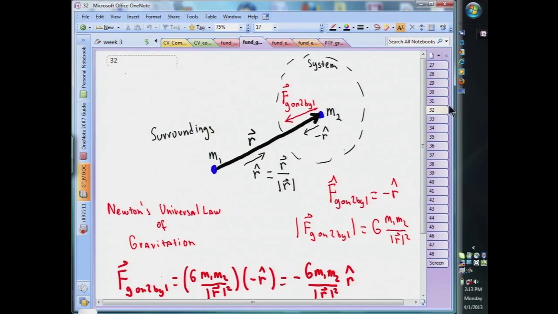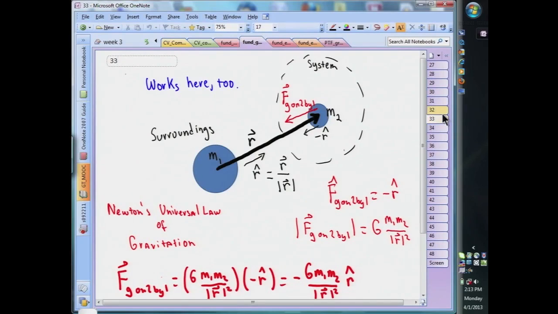That is, the spatial extent of the masses is small compared to the magnitude of r, the distance between the masses. However, it can be shown that if one or both of the masses are spherically symmetric, that is, each mass can be thought of as being built up from layers of hollow shells concentrically nested one inside another, like an onion, where the mass of each shell is spread uniformly on each shell, then this expression for the gravitational force applies as long as we take as the magnitude of r the center-to-center distance between the masses.